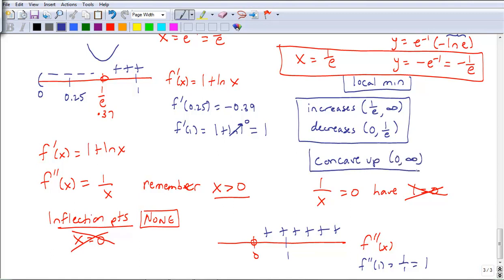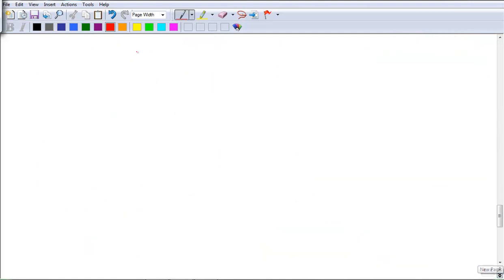And we don't even have a picture when it's less than 0, so I know the whole graph is concave up with no inflection point. So I'm going to put this together to draw a sketch of this graph. We know that at 1 over e, which is like 0.36, the y value is negative 1 over e. So that's my critical point.